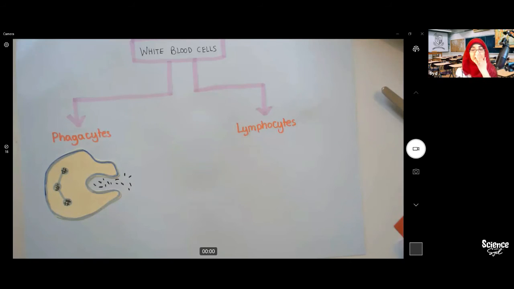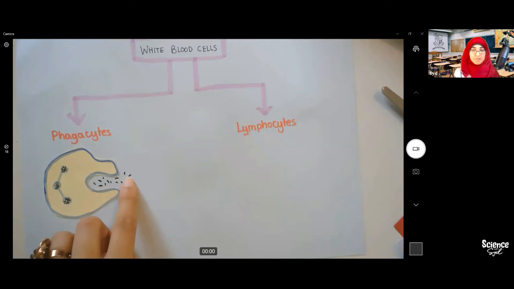Okay, so this is how lymphocytes work, by producing antibodies. Every single pathogen, every single foreign microorganism that enters our body has a unique molecule. Okay, it has a unique thing attached to it. And what lymphocytes do is they produce antibodies that stick to these things.